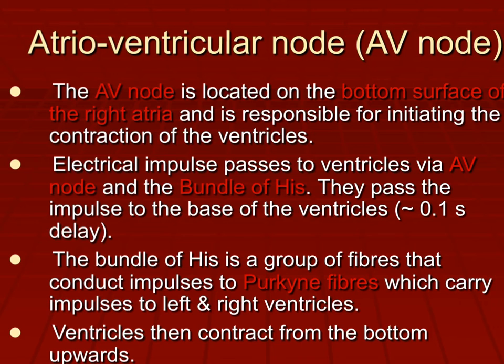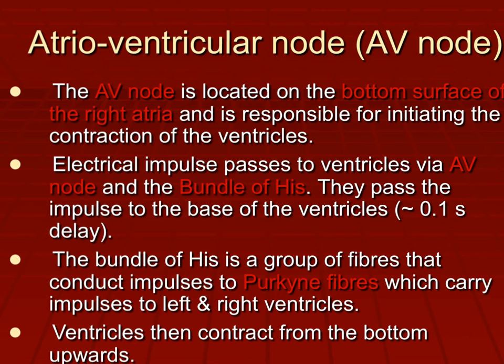The AV node is located at the bottom of the right atrium, and this is what causes the contraction of the ventricles. The electrical impulse will pass through the AV node and the bundle of His. The bundle of His is what individuals used to call where the soul of man rested. They pass this impulse to the base of the ventricles about every 0.1 seconds.